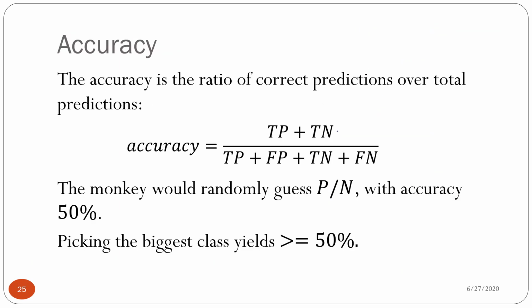Let's move on. Now we have some measures, some metrics or statistics which will help us in evaluating the performance of our classifier. The simplest one is accuracy. How is accuracy formulated? Look at the true positives, which means the cases which are in actual positive for cancer and are being marked as positive by the classifier.